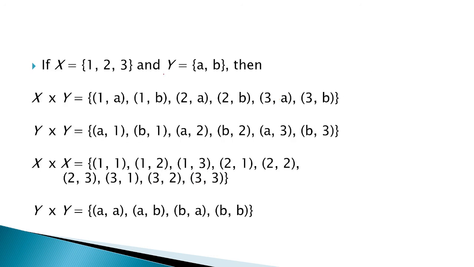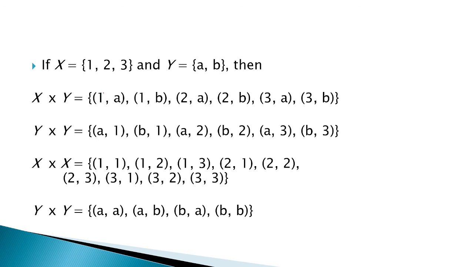So, ito yung some examples ng Cartesian product or cross product natin. If you have two sets, let's say yung X natin, ang laman niya ay 1, 2, 3, and yung Y natin, ang laman niya ay a and b, then we can express the Cartesian product as follows. We have X cross Y, so that is, bawat element ng X, kung ano yung nauna, that's the first element in your ordered pair.